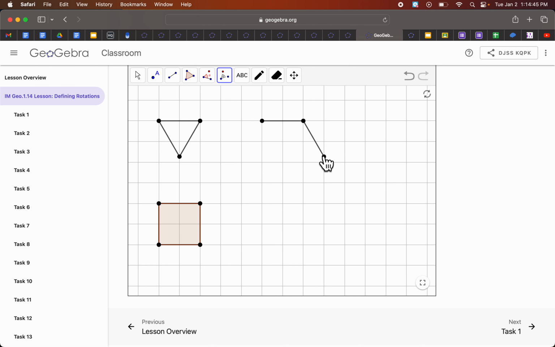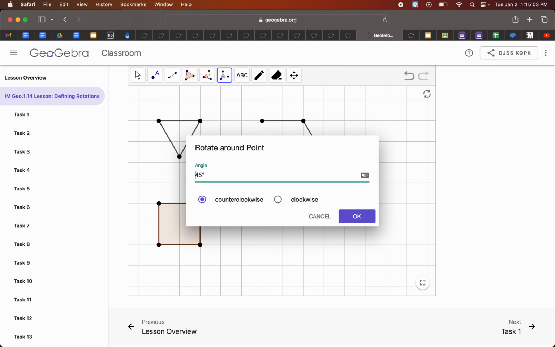That's looking promising. Now, if it's a regular polygon, it needs to have the same angles all the way around, right? This was 60, then 60, then 60. This was 90, then 90, then 90, then 90, right? So this has got to be 120 and then another 120. So here we go. Let's try this, right? We're rotating around this point, 120.